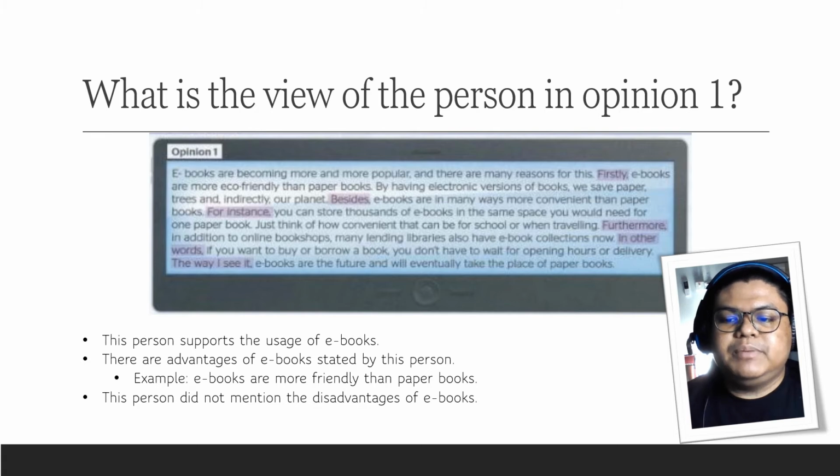This person also did not mention any of the disadvantages of ebooks. So the view of this particular person is very clear. This person supports the idea of using ebooks. So let's move on to the second opinion.